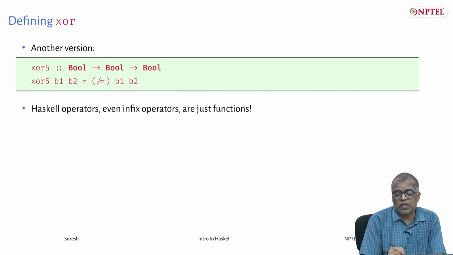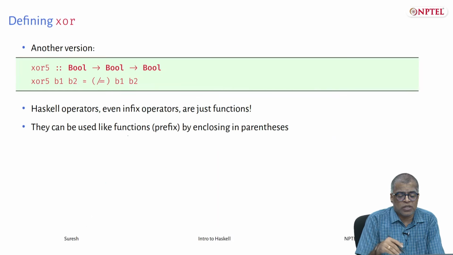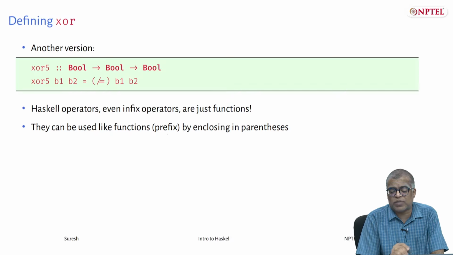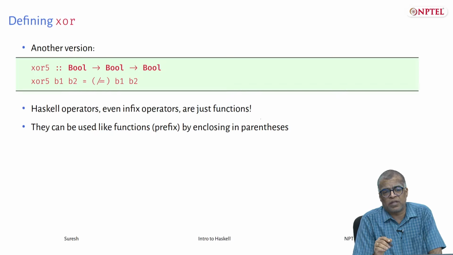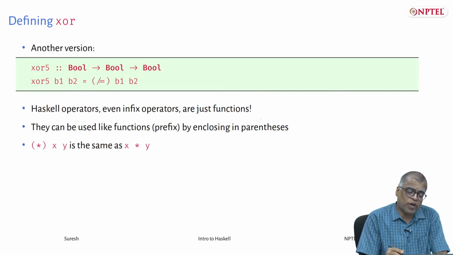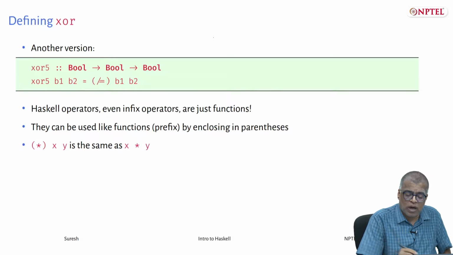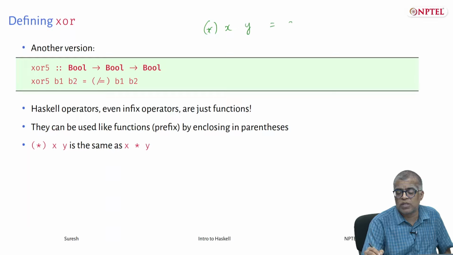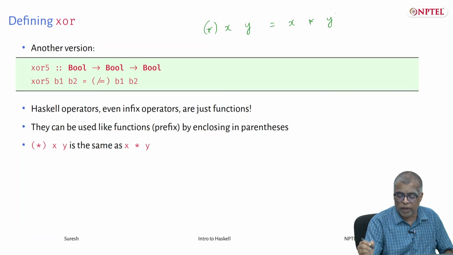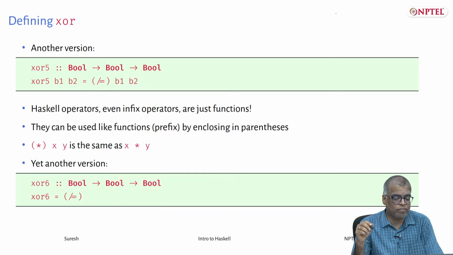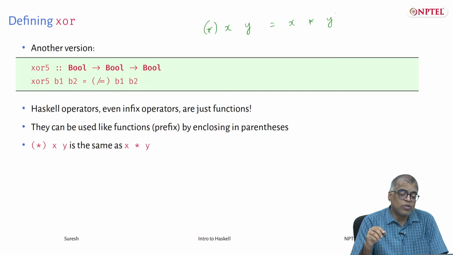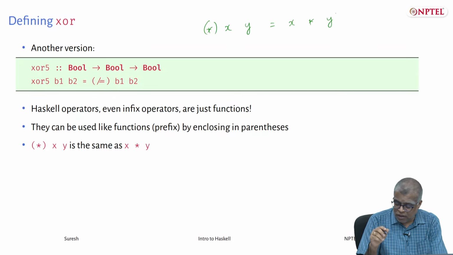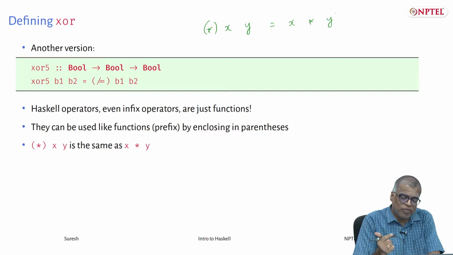Haskell operators, even infix operators, are just functions, and they can be used in the prefix manner by enclosing them in parentheses. So, for instance, star x y is the same as x star y: star within parentheses is a function, and you can apply it to x and y. Now that we have used this feature, we can move to a further simplification.